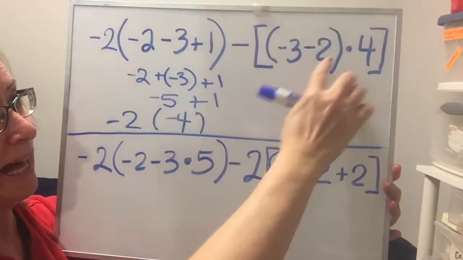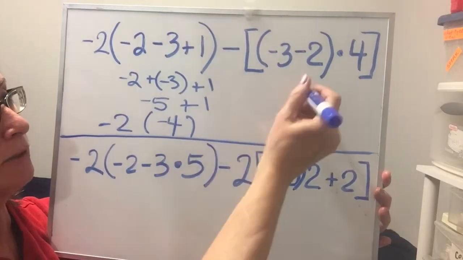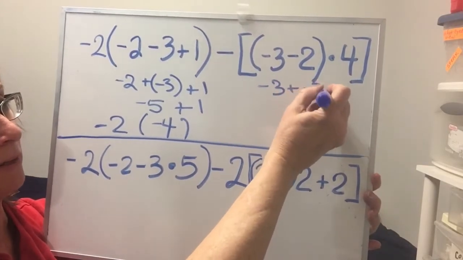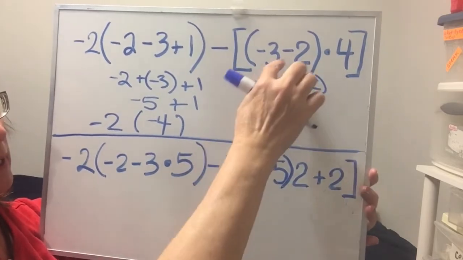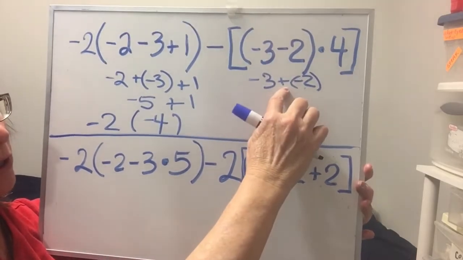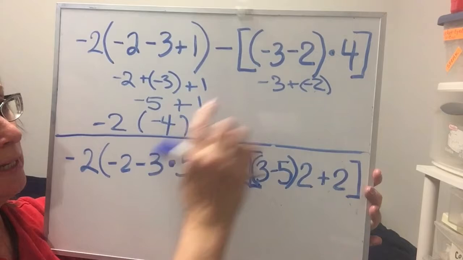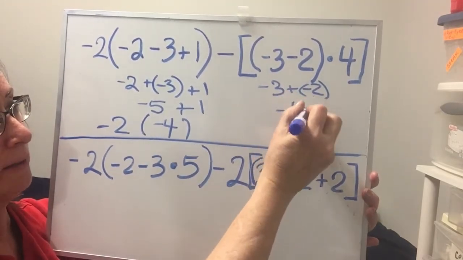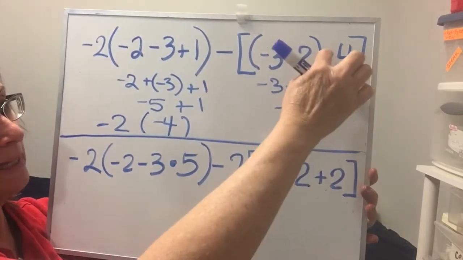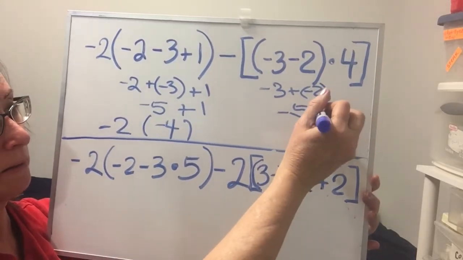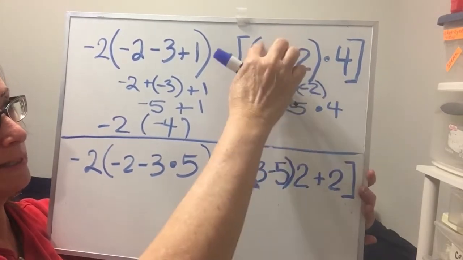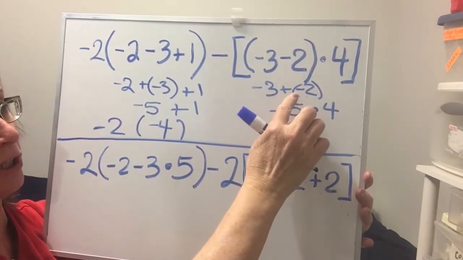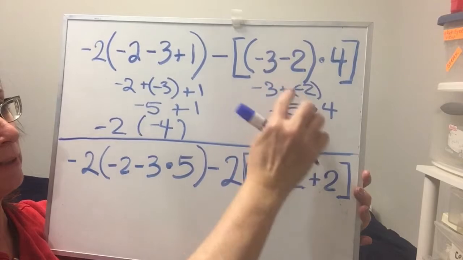And so inside, I have a little symbol of inclusion, -3 plus a -2, because that minus is being turned to plus a minus. So same sign, I'm going to add them and get a -5. And then times the 4. You see, this was one little symbol of inclusion, so I did it first because it was in a symbol of inclusion.